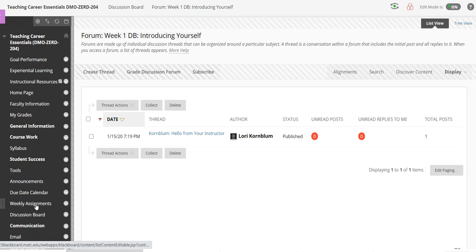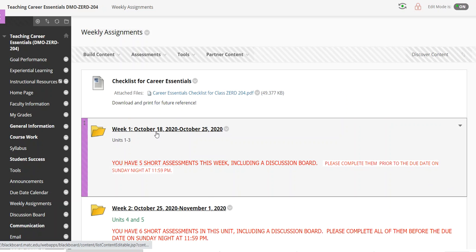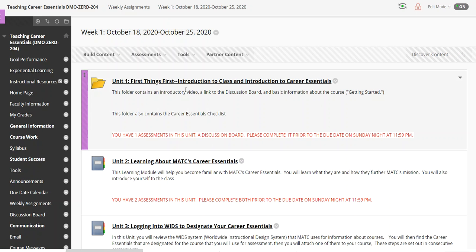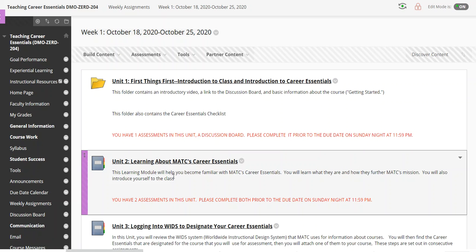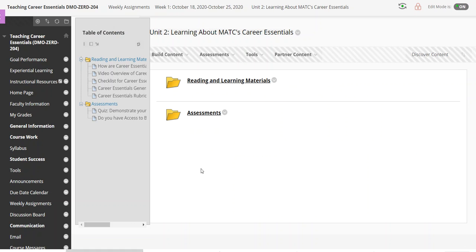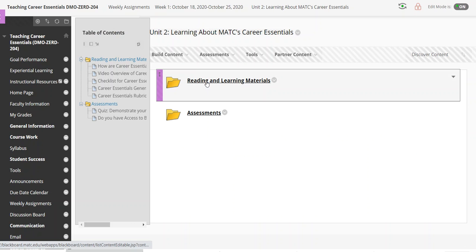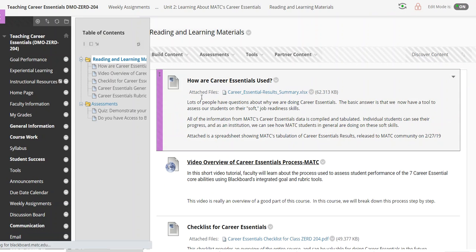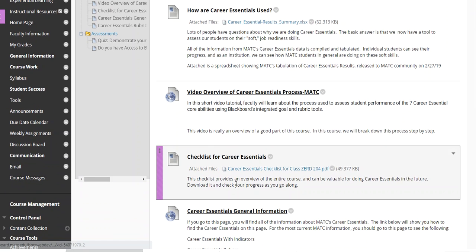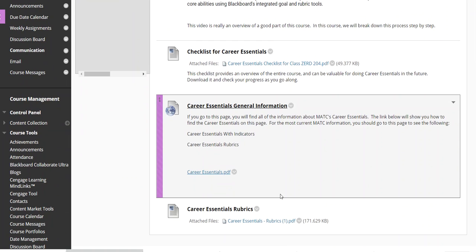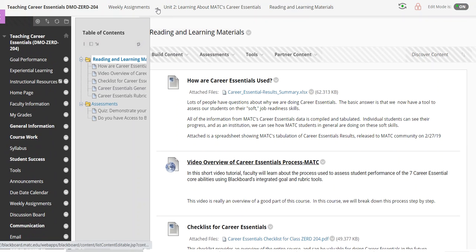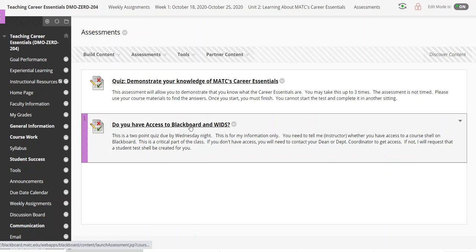We're going to go back to the weekly assignments. So you're still in week 1. You'll have week 1 things going on. Then unit 2, you will have some reading and learning materials which are designed to get you to know some things about career essentials. And then you will also have assessments for week 2.